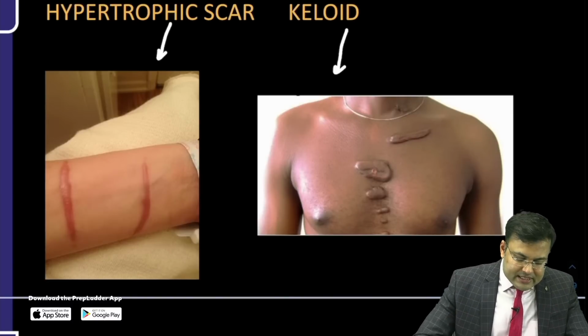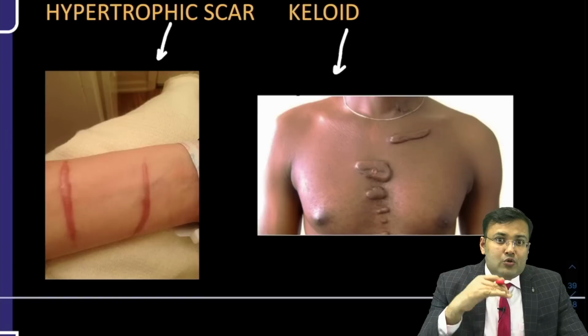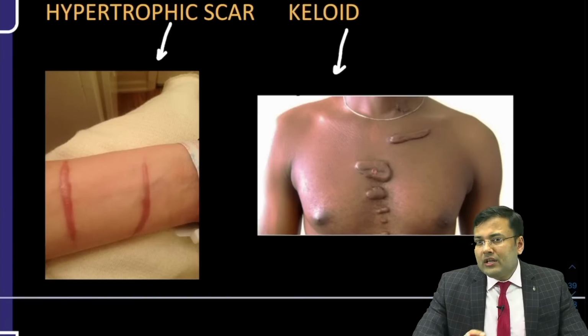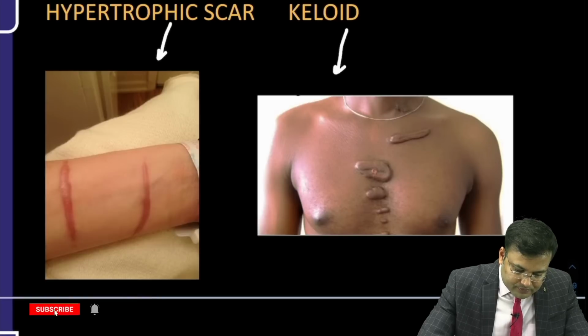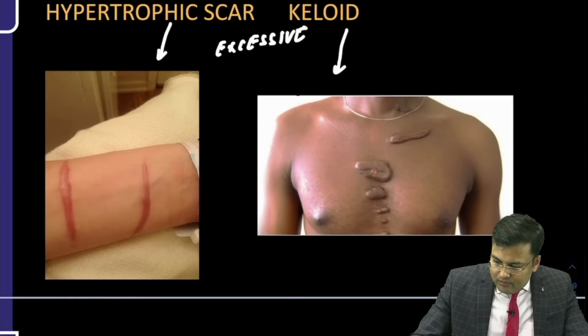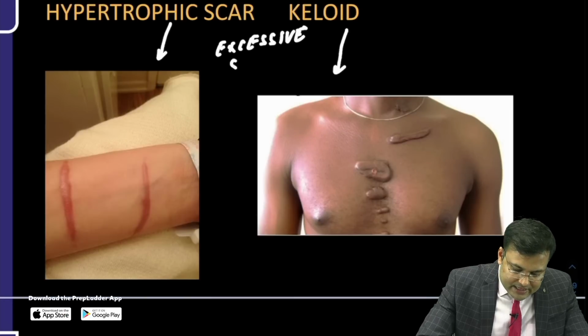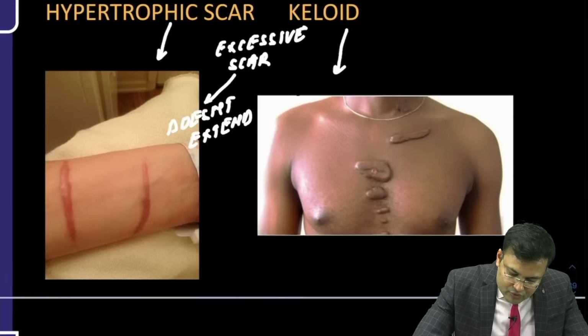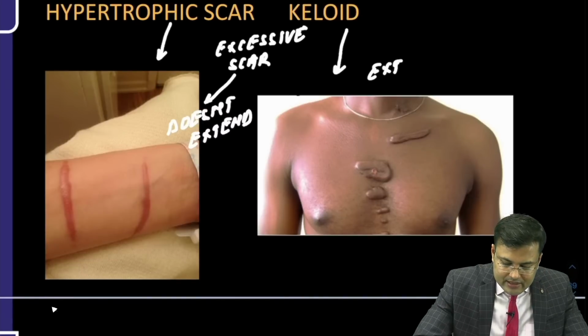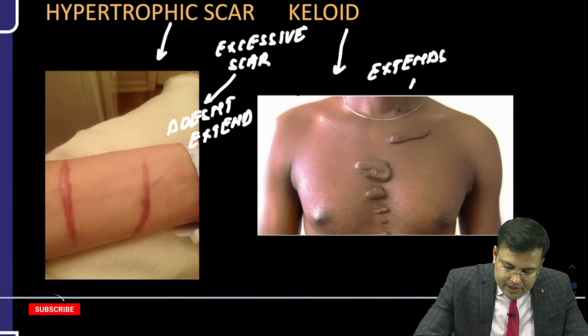In hypertrophic scar, this excessive scar tissue doesn't extend beyond the boundary of the original wound or incision. Here in keloid it extends beyond the original wound or incision.